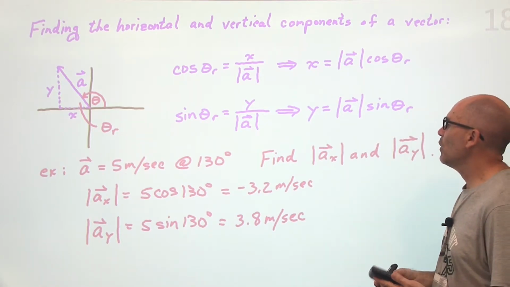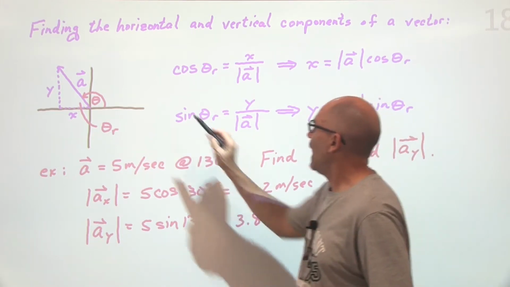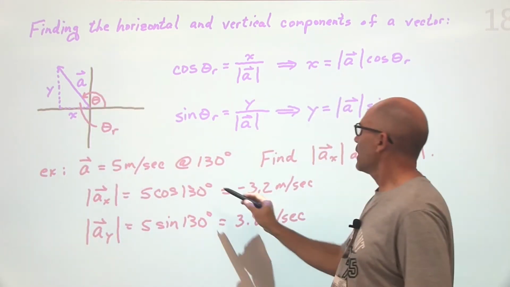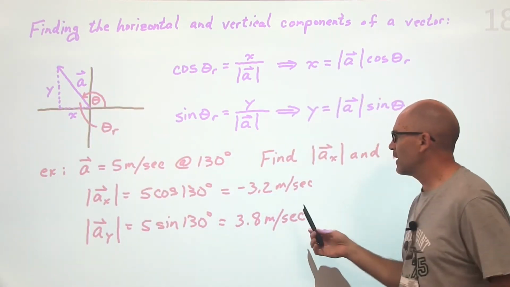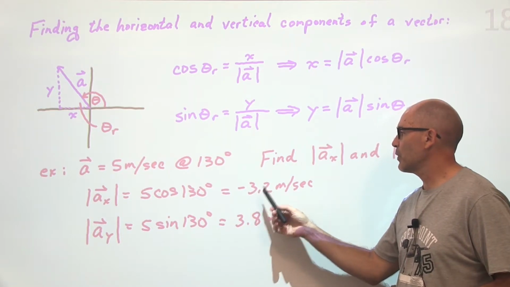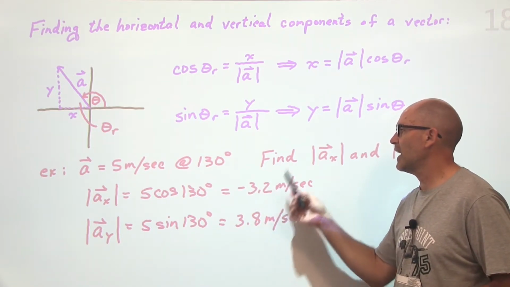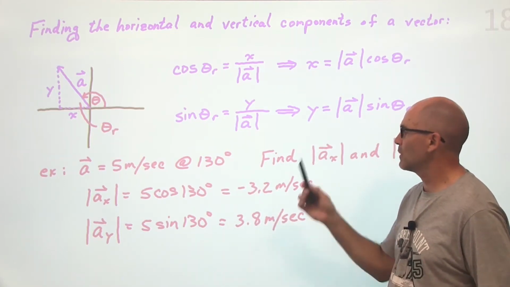Okay, so notice if the angle is 130, we could have used 50 degrees here. But if we had used 50 degrees, we would have just ended up with 3.2, and we'd have had to say, well, x is negative because it's going left, and y is positive because it's going up.